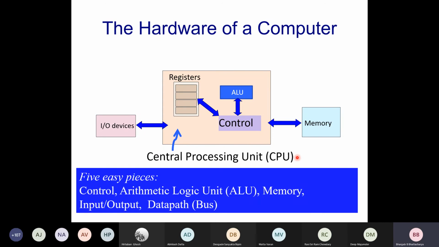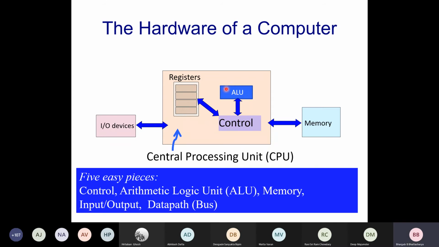So you have what is called the central processing unit, or the processor. In the processor, what would you have? You have a controller, first of all, which will take care of the sequencing. You need registers that would hold the intermediate data.